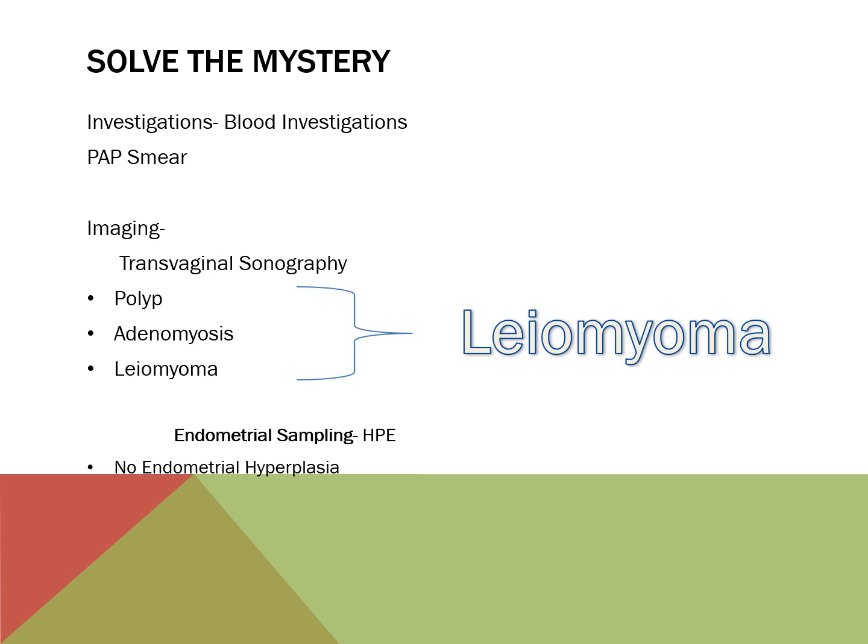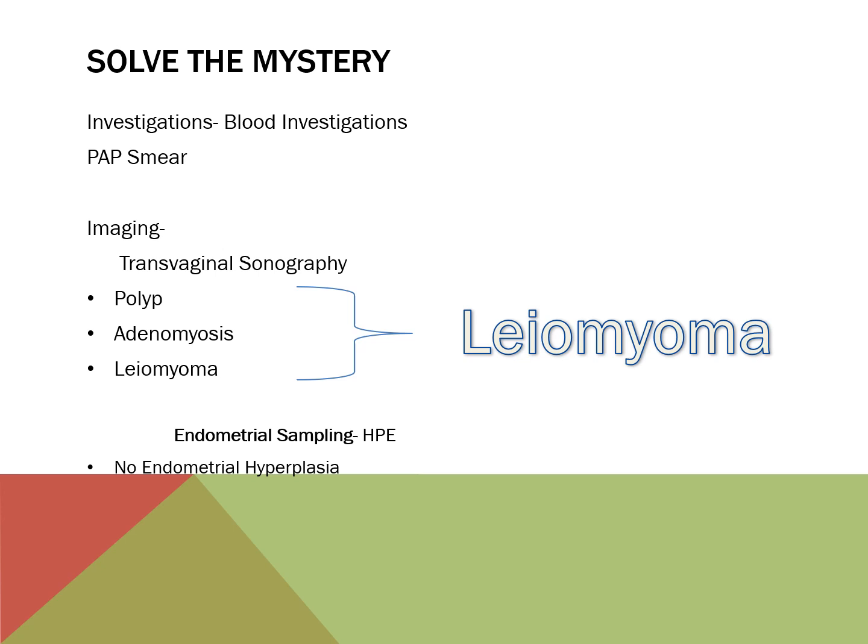Further, I like to do an endometrial sampling of this patient. You can do it by an endometrial pipelle. That is just an office procedure, no anesthesia required, and it is comfortable for the patient. Or you can go for a dilatation and curettage.